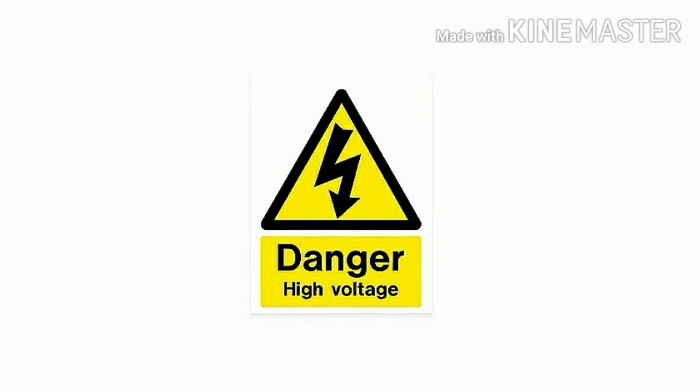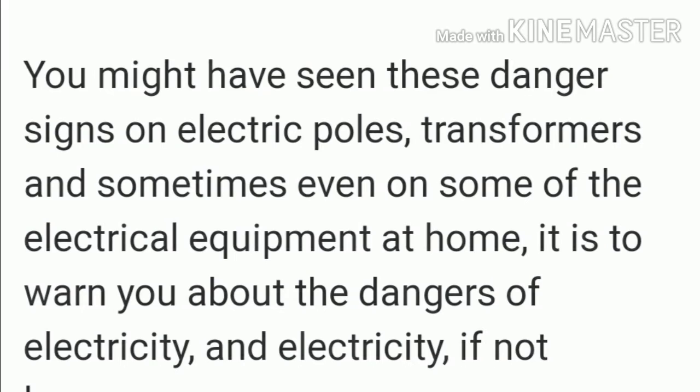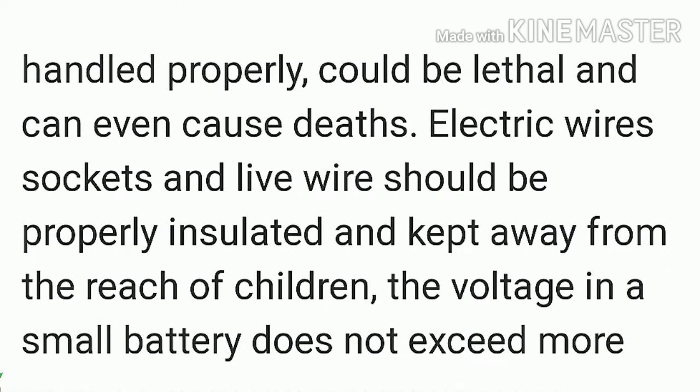You might have seen these danger signs on electric poles, transformers, and sometimes even on some of the electrical equipment at home. It is to warn you about the danger of electricity, which, if not handled properly, could be lethal and can even cause deaths.